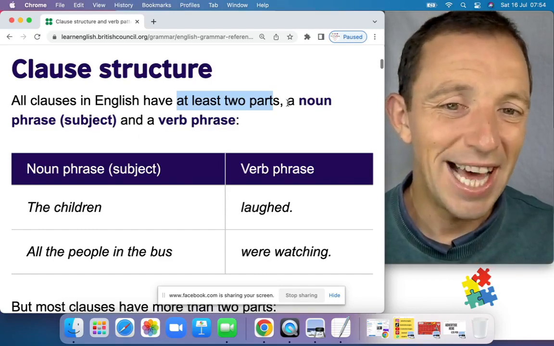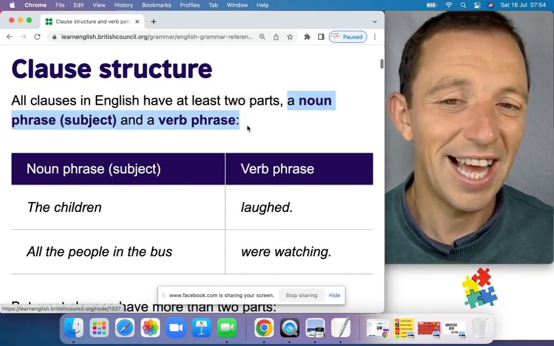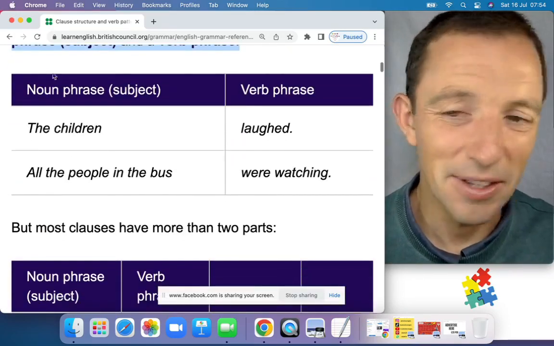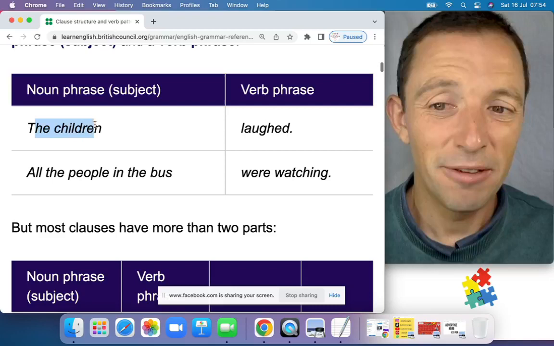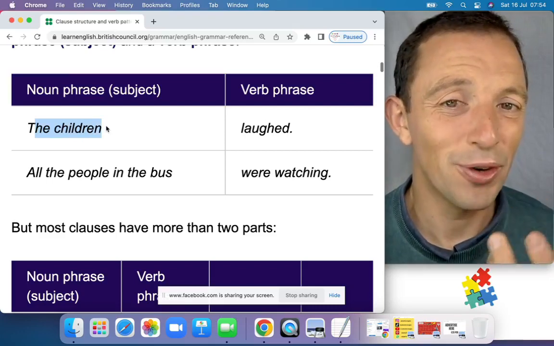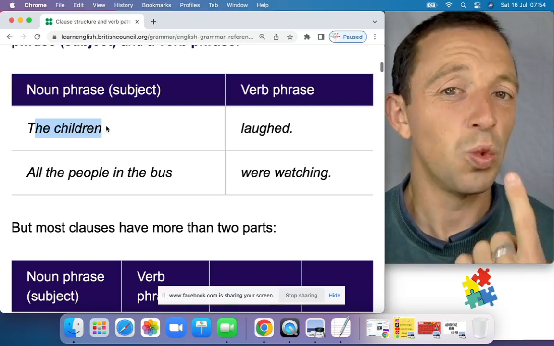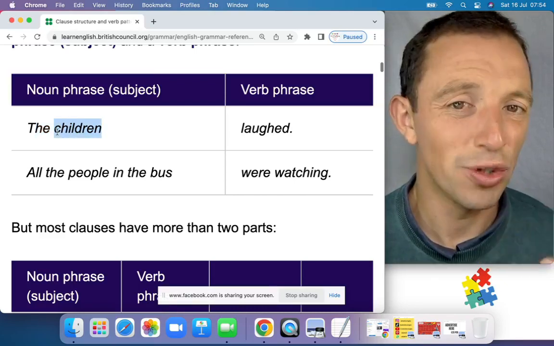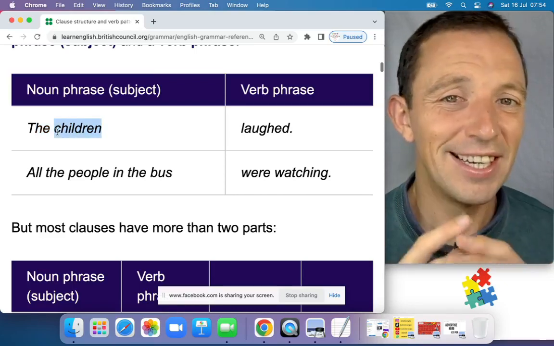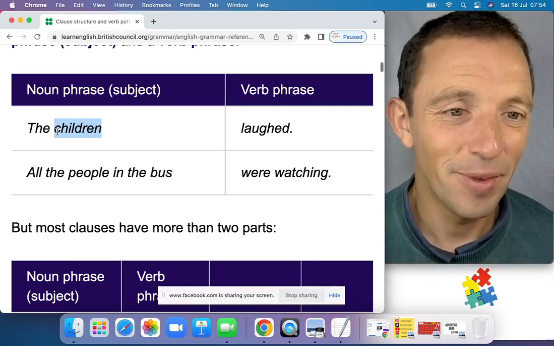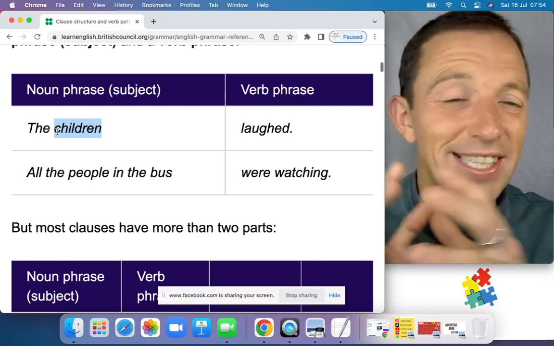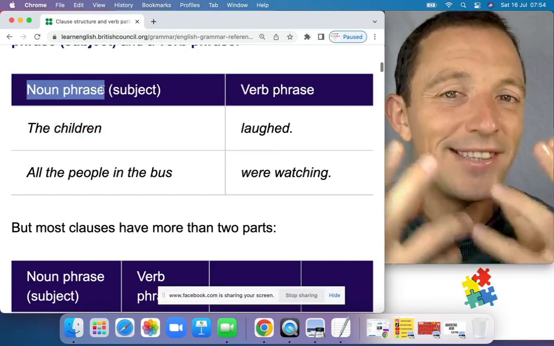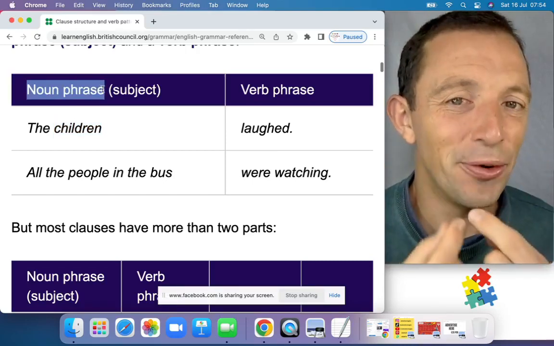So for example, a noun phrase, the subject, and a verb phrase. Here are examples of noun phrases. For example, the children. Singular is one child, and plural is the irregular children. So one child, six children. This is the subject of the sentence, and technically, grammatically, it is known as a noun phrase.